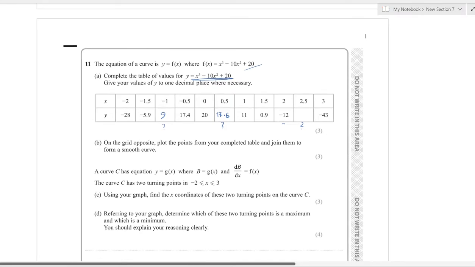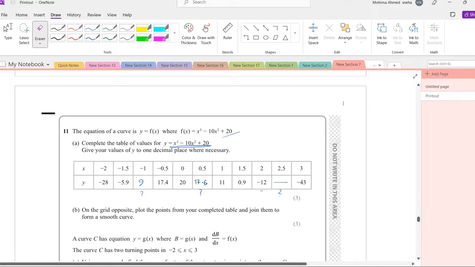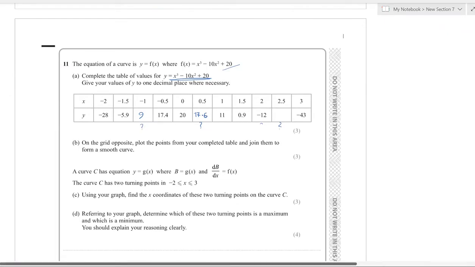And again, we need to substitute x is 2.5 into the equation x cubed minus 10x squared plus 20, and you get a value of -26.875. But we are going to stick to one decimal place, so it will be -26.9. So part A is done.